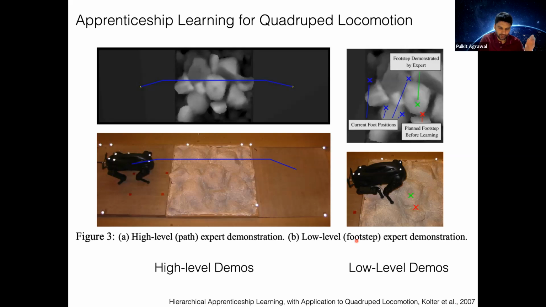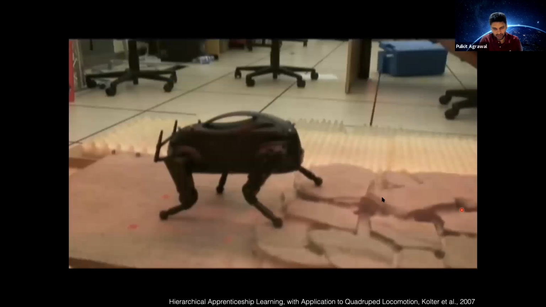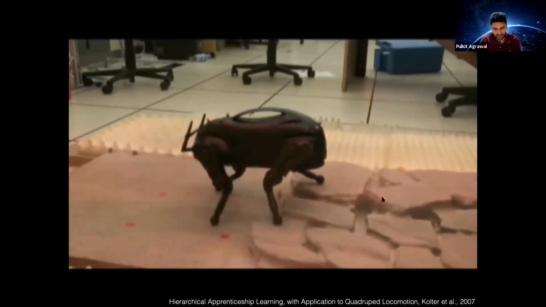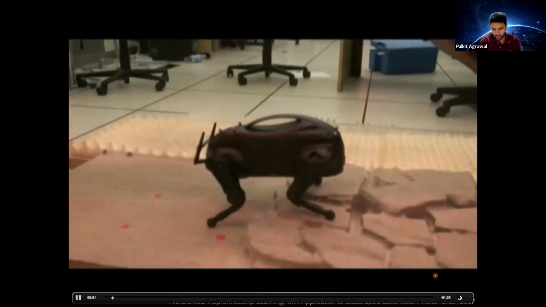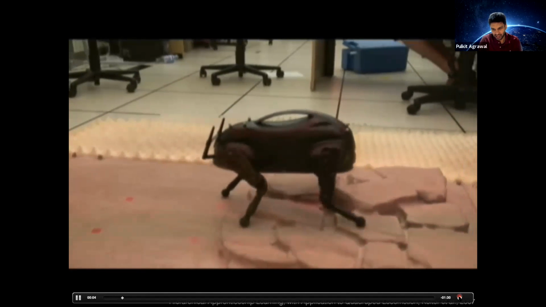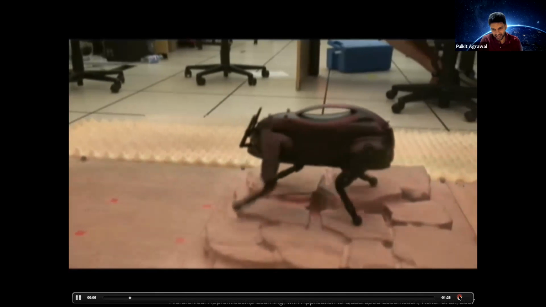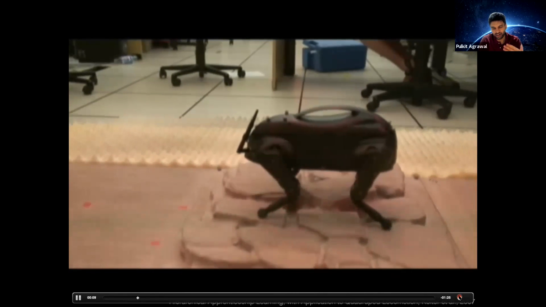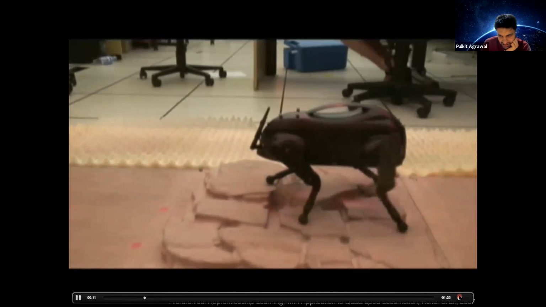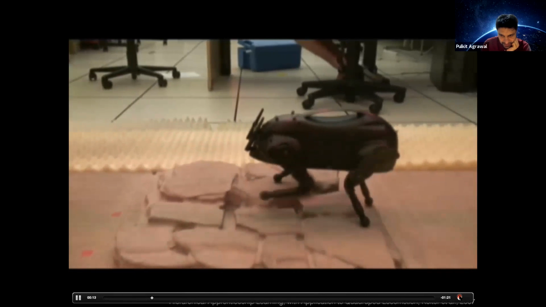In cases where demonstrations are harder to give because the state space is big, I can decompose the problem at different levels of the hierarchy and then give demonstrations. Now, this was the method used in at least one version of this video of the quadruped crossing this terrain.